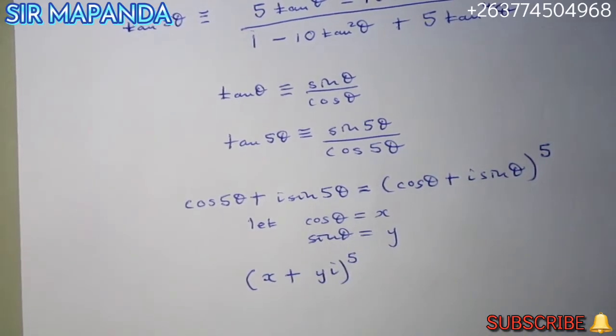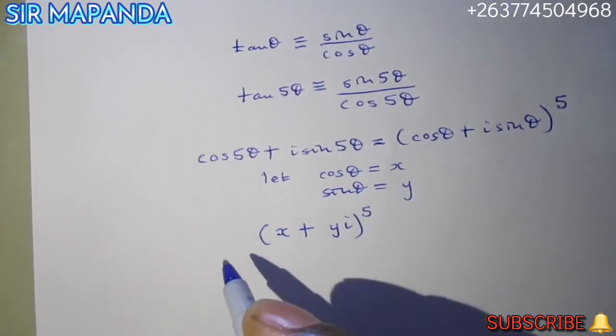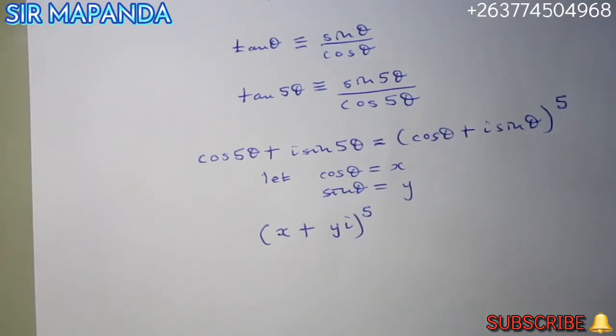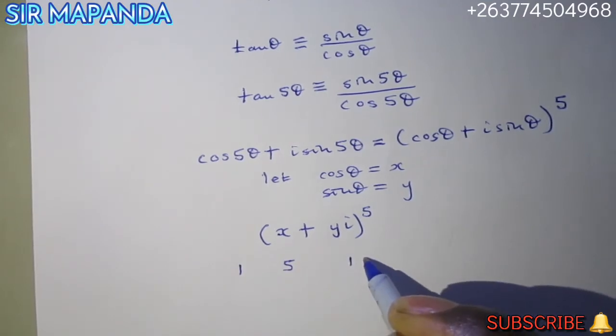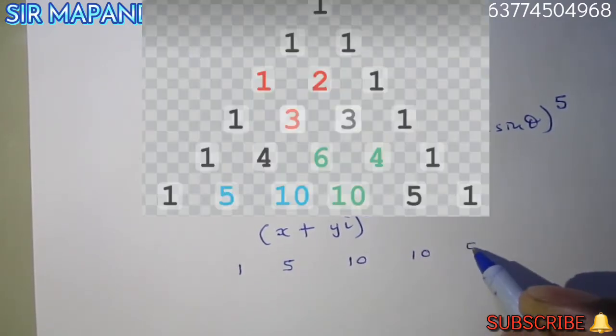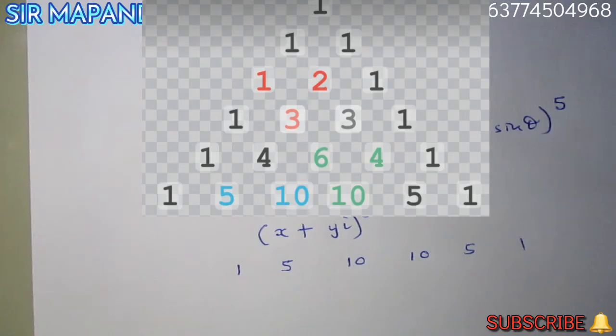Then you perform the binomial expansion. Right, so if 5 is the power, from the Pascal triangle the coefficients of expansion are 1, 5, 10, 10, 5, 1. These are the coefficients of expansion for any bracket raised to power 5. I hope you are following.